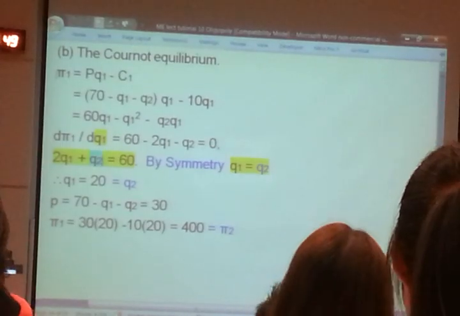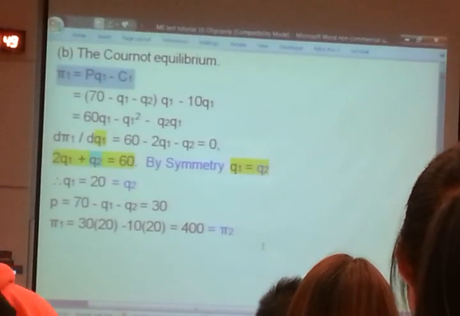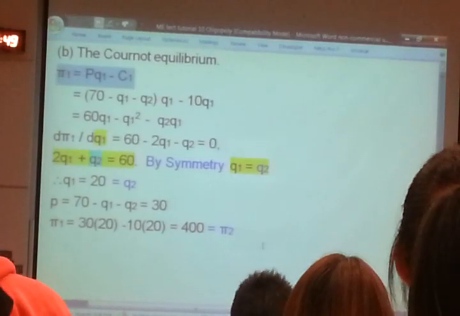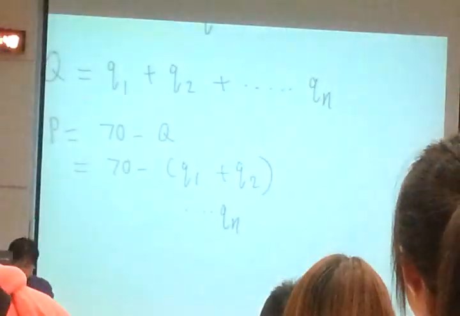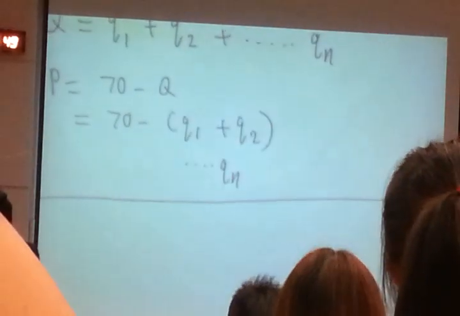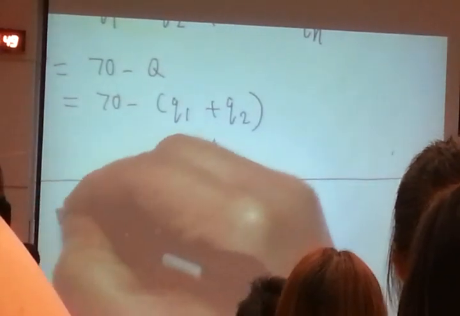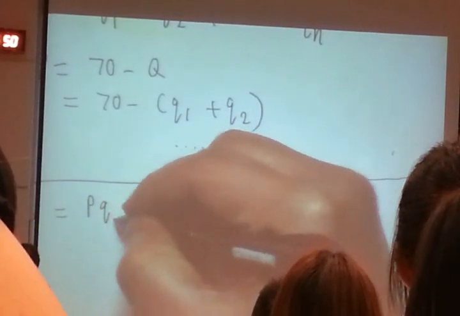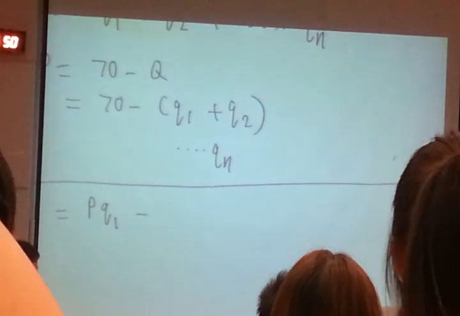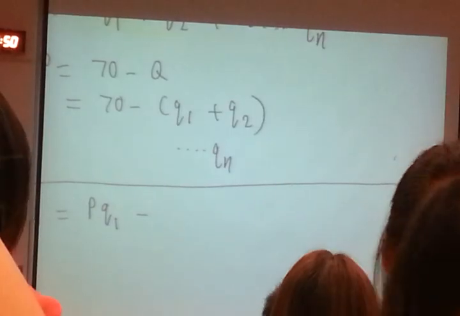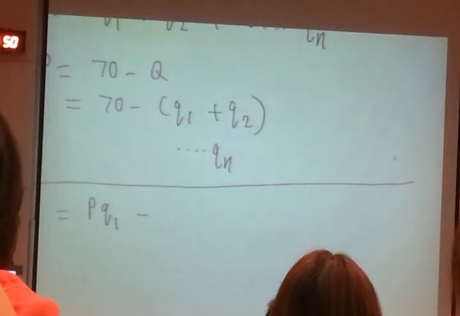We know because if we look at firm 1, what's the average cost for firm 1? How much is the average cost?